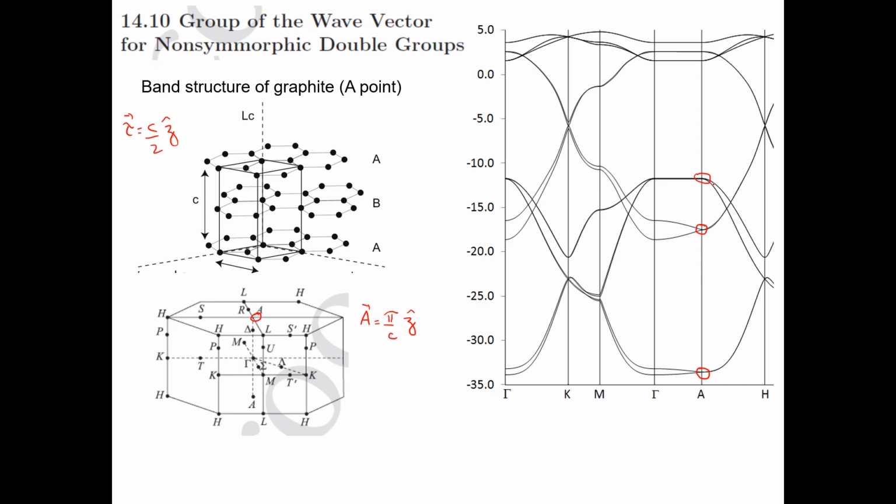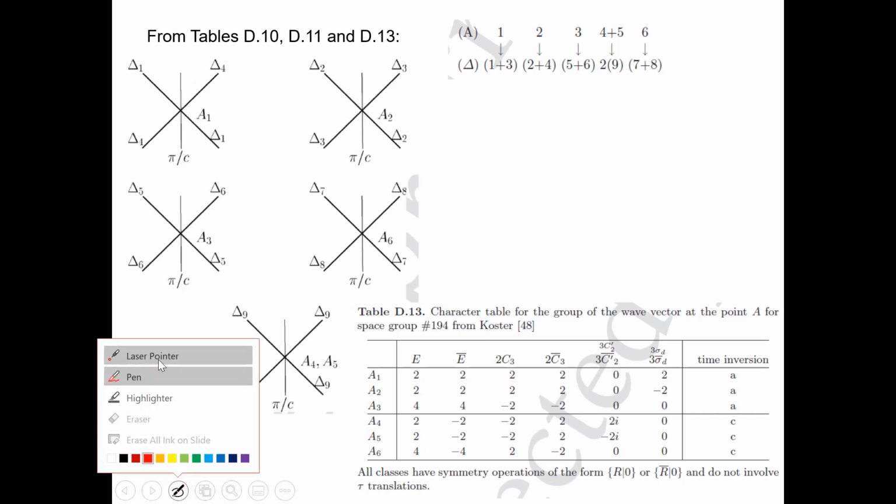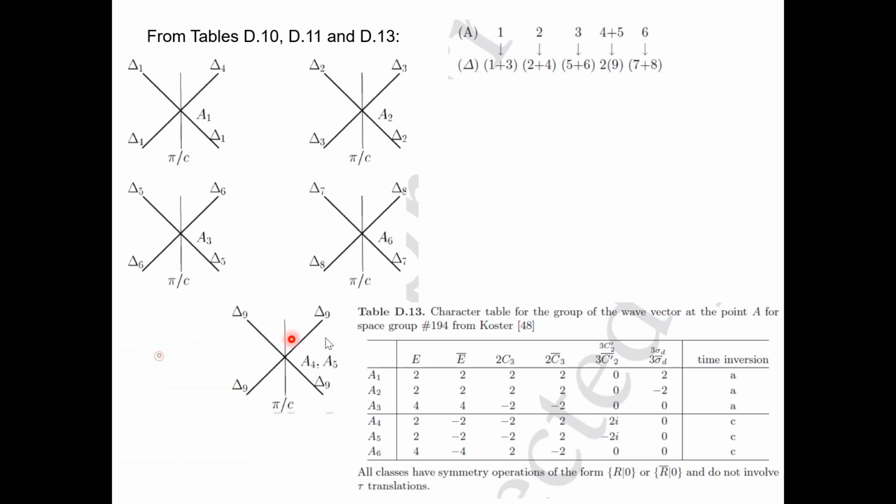Okay, now the idea here is to see how spin orbit coupling may or may not change that, and that is not very different from what we have considered before. We have to look at the character tables for the group of the wave vector at the A point. So this is the double group character table, right, for the group of the wave vector at the A point, and it may also be useful to look at the compatibility relations between A and the delta line.